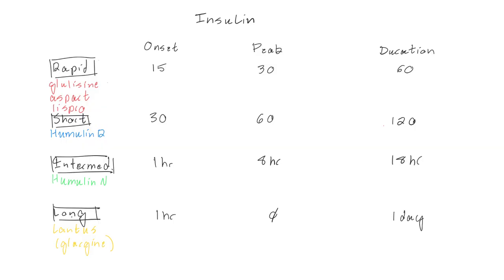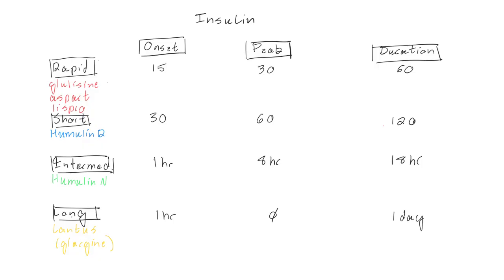So that is in general the onset, peak, and duration of the different classes of insulin. Like I said, there are going to be variations with every brand and every person and every resource that you read. But I found this helpful just to start memorizing the details. To memorize details, you have to start with memorizing the general rules and then get deeper into the details.